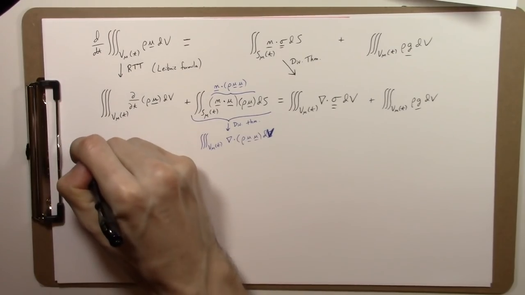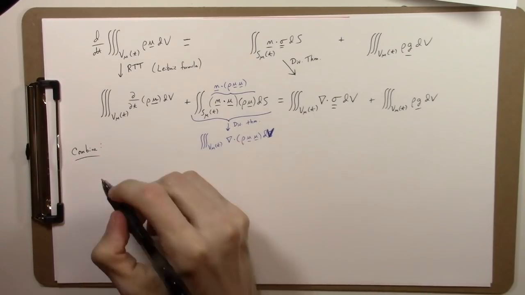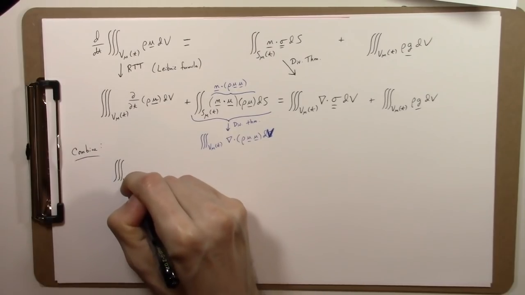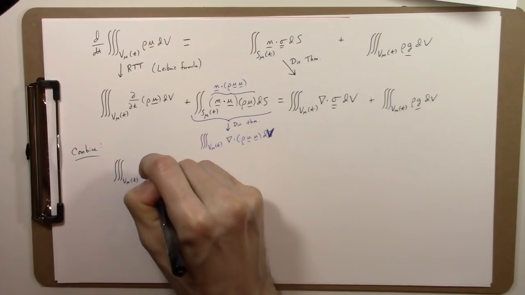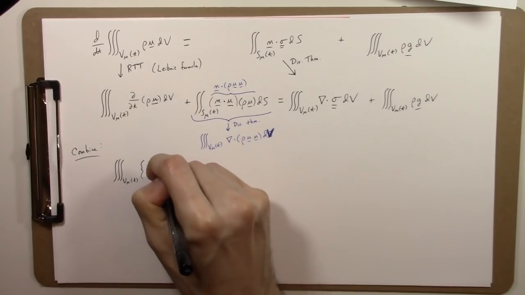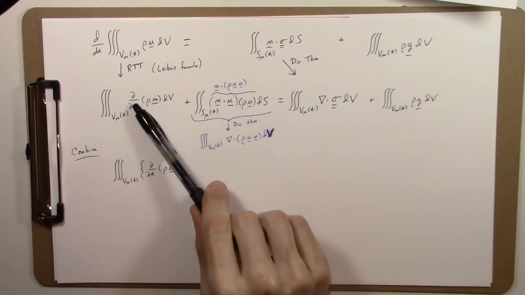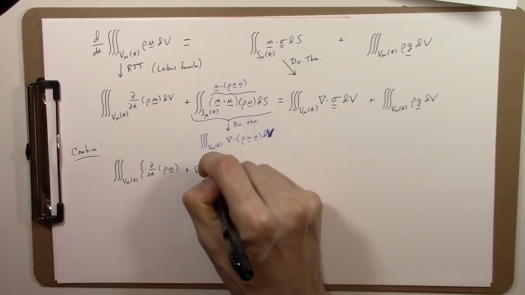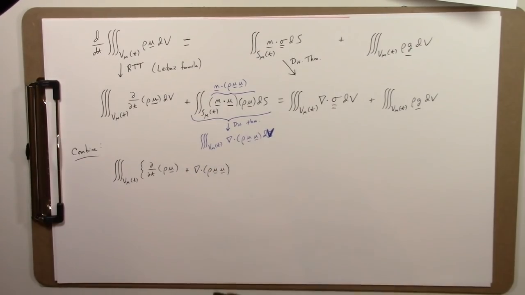So combine all these terms. We'll write one large volume integral. We have the partial time derivative of rho u from this term here. We have the divergence of rho u u from the second term here.